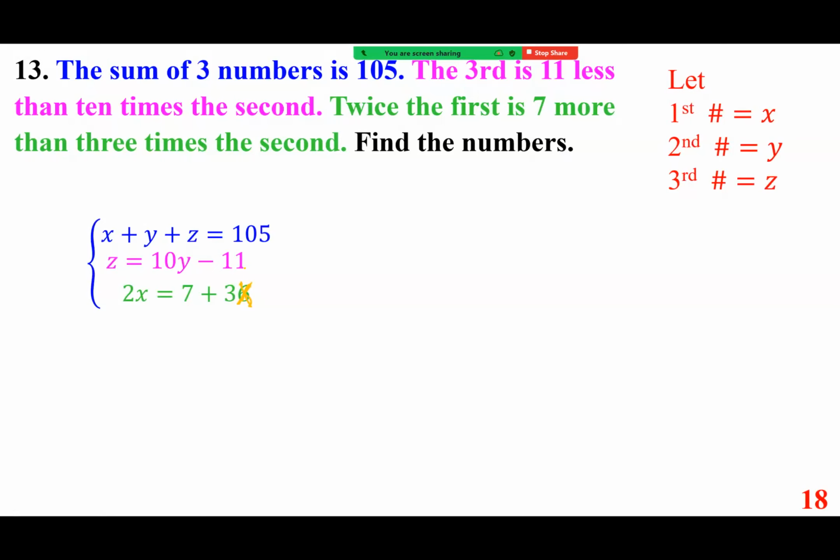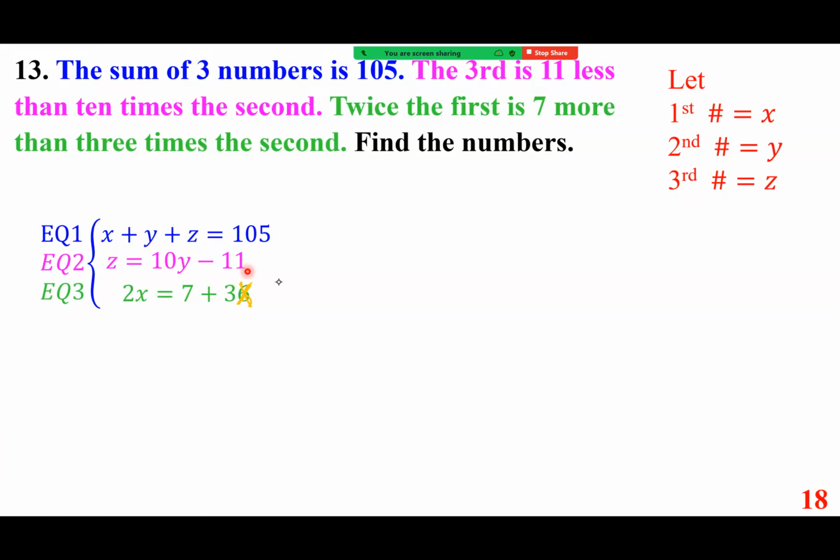This is the most important part, understanding what is given. So let's call them equations 1, 2, 3, so we know what we are dealing with. Again, you can use any method. You can also use matrices. So in the first equation, we have X plus Y plus Z, and Z is 10Y minus 11.